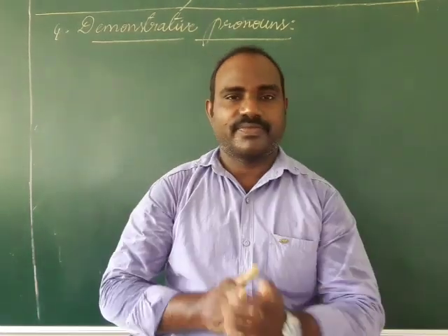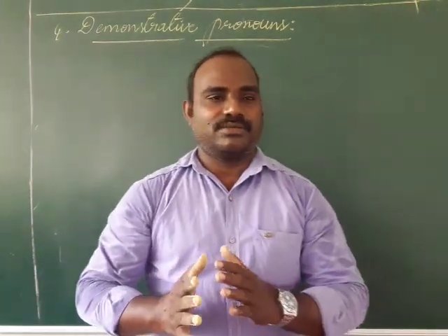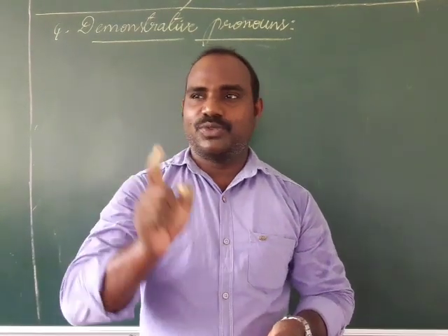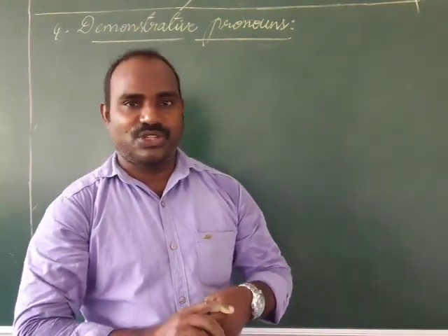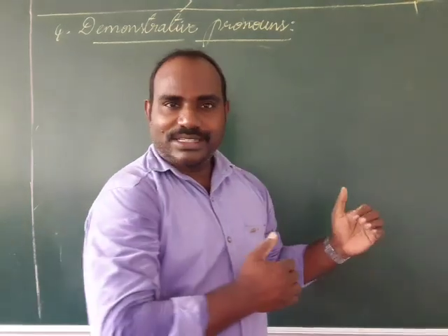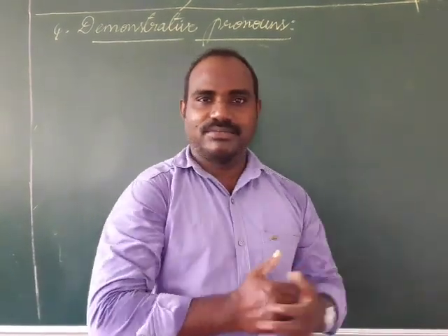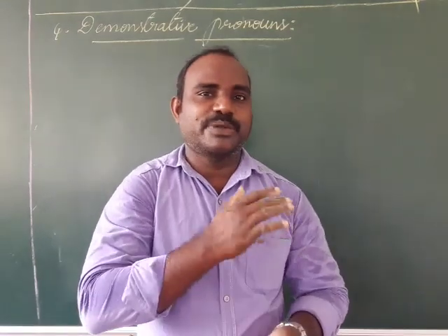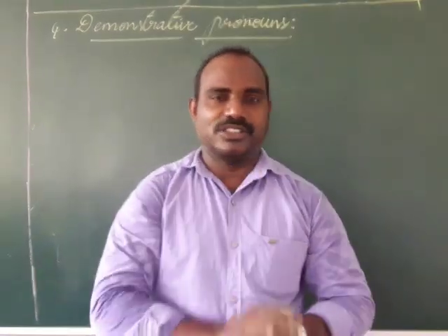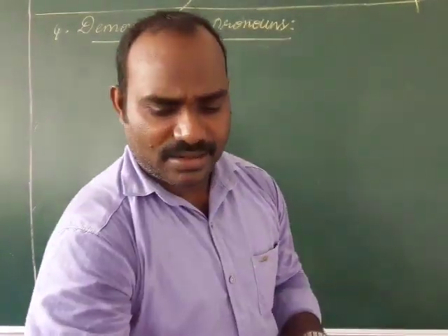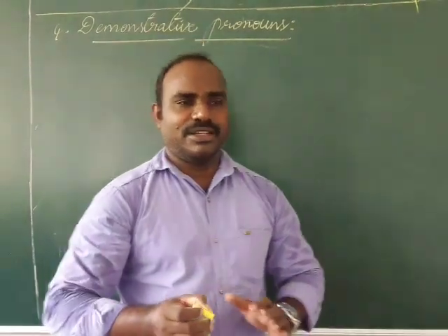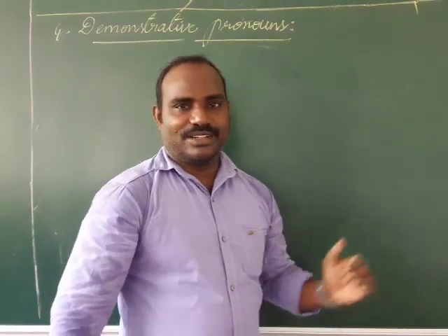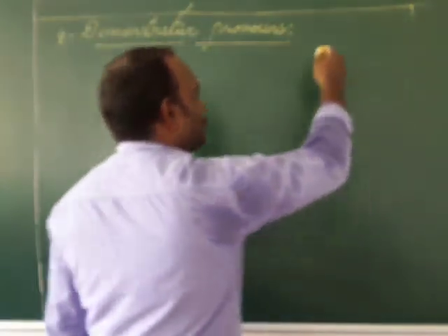Demonstrative pronoun means demonstration. These pronouns are used to point out someone or something. Do you understand? To talk about someone, to talk about something, or to point out someone or something, we use these pronouns. These are called demonstrative pronouns. We have very few pronouns like this in English.